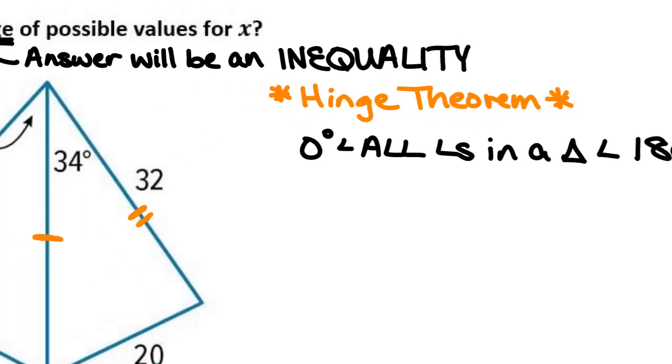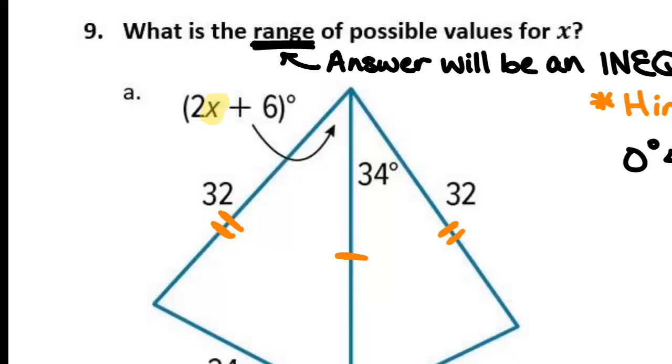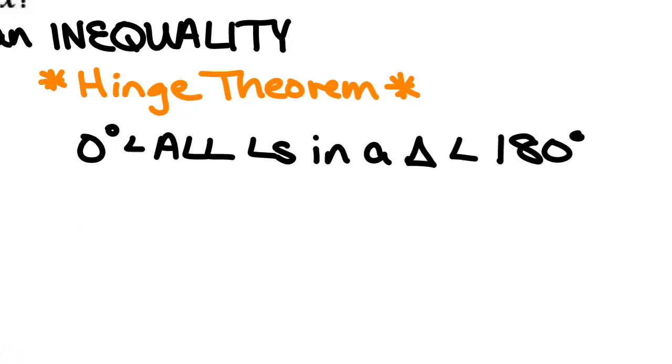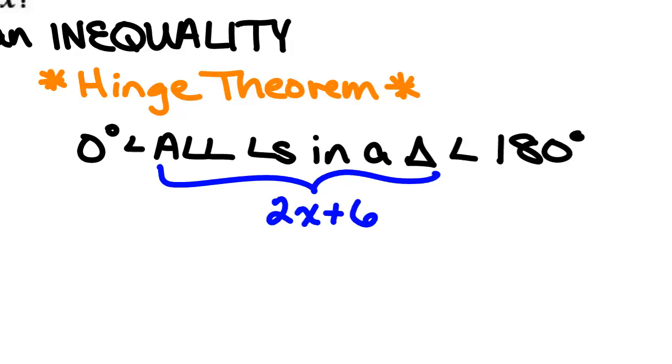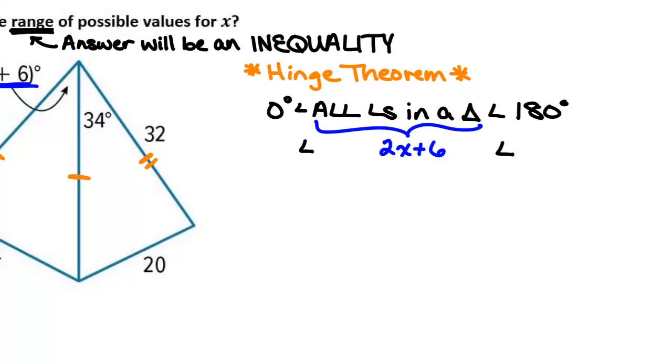We are going to put this angle, 2x plus 6, right in the middle. So taking this place, 2x plus 6, we're going to drop our inequalities down. Now 0 and 180 are the absolute floor and absolute ceiling for all my angles.